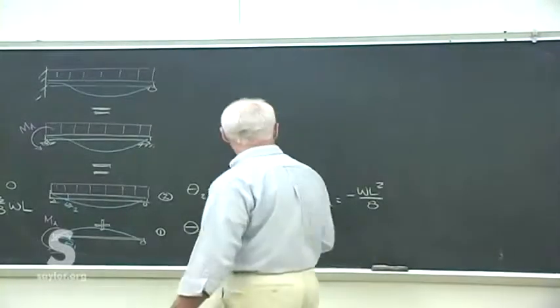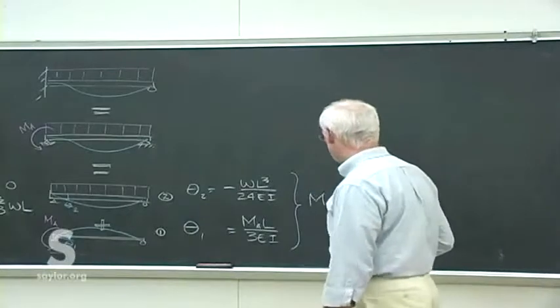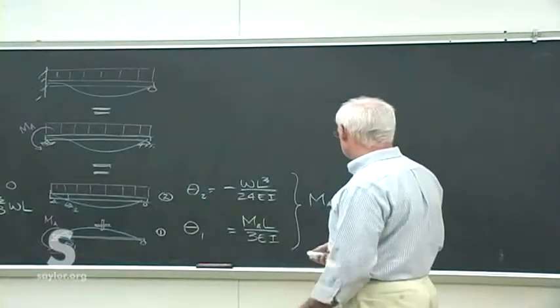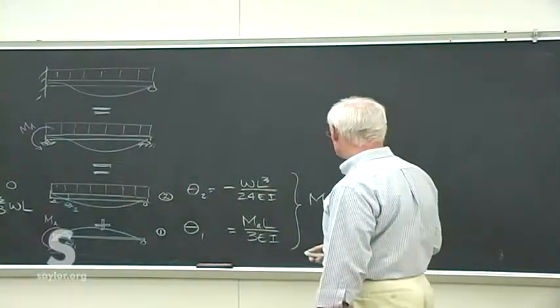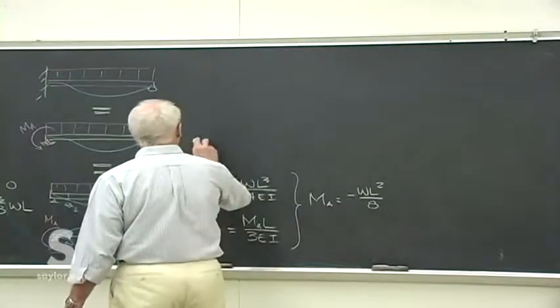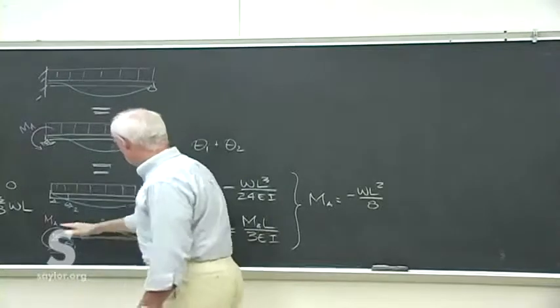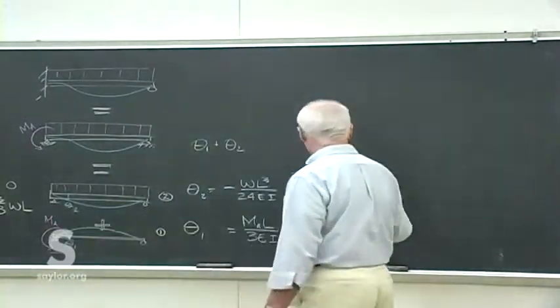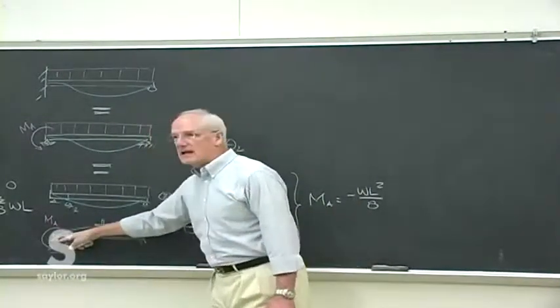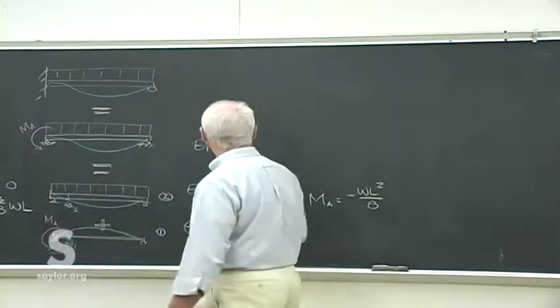Should that be positive? Theta 1 plus theta 2 equals 0. The negatives can be cancelled. Theta 1 plus theta 2. Yeah, that's a negative. No, that's our negative convention. It should be negative.